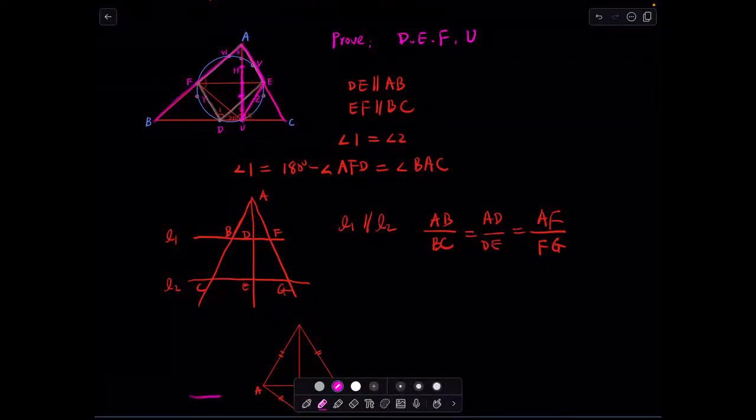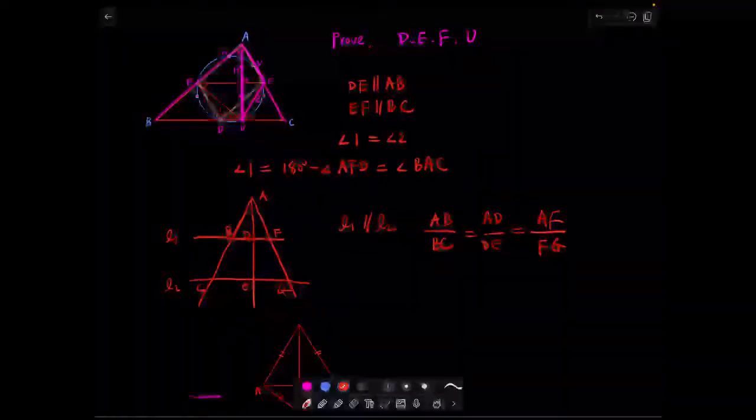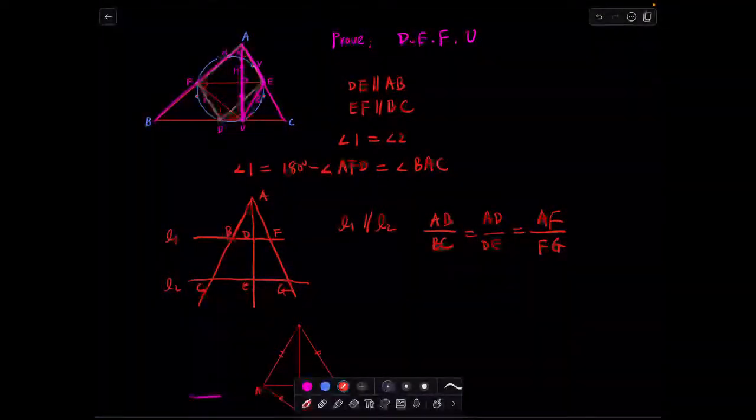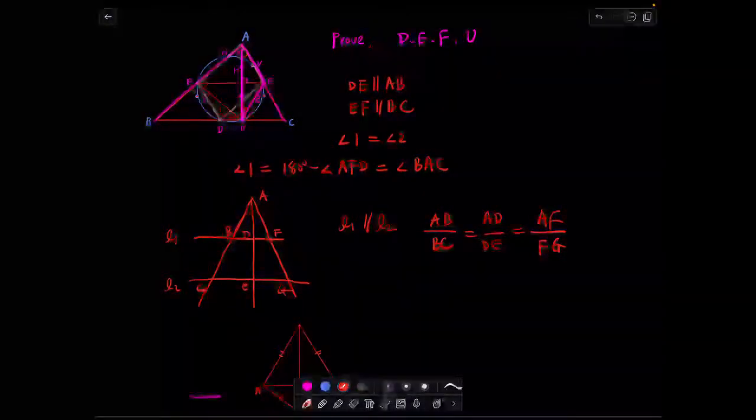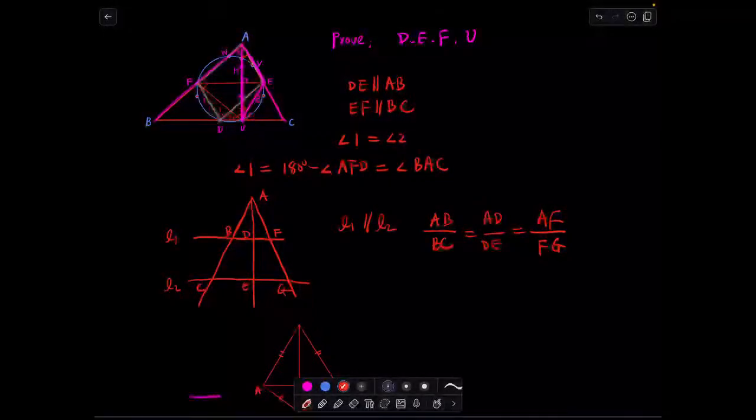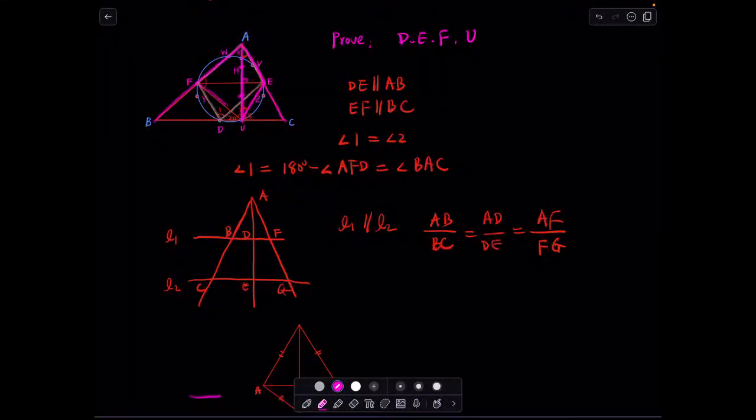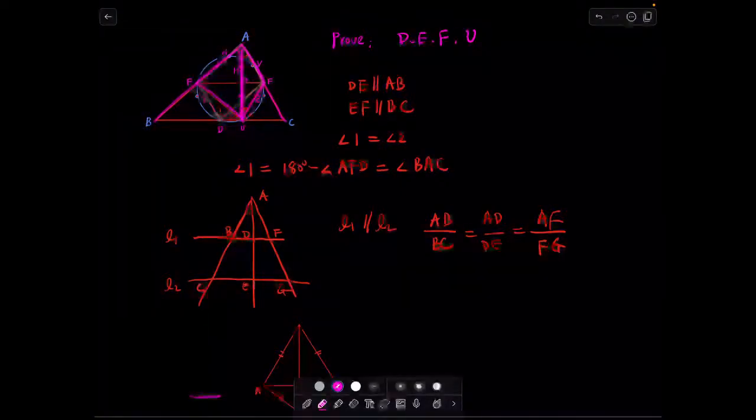All right, this is an isosceles triangle because this is the vertical line here, so this angle here is going to equal this, right? And similarly, the other triangle AFU, right, is also an isosceles triangle.